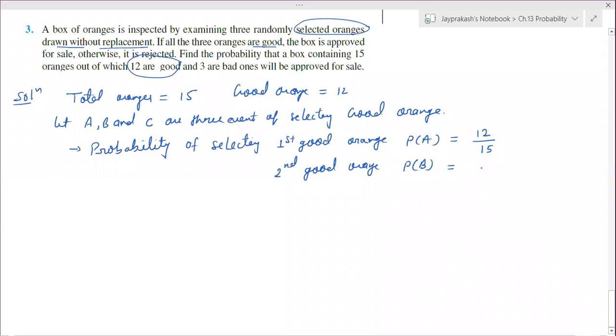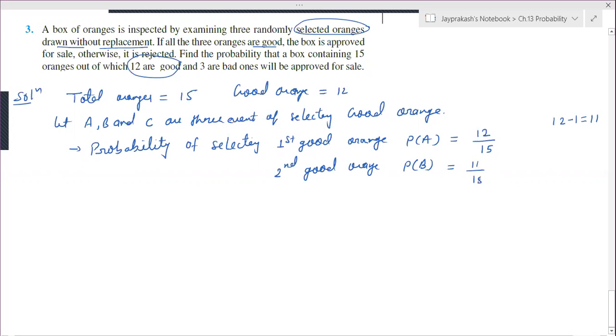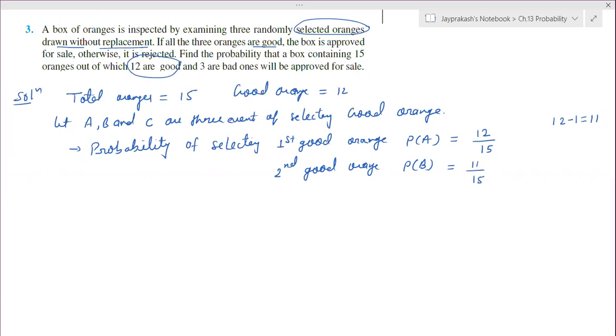So we are not going to replace the orange. The first time we have 12 chances out of 15. Now we have already taken one good orange, so remaining will be 12 minus 1, so 11. Now we have to select out of 14, because we did not replace one. So the remaining will be 14, and from the 14, 11 are good.